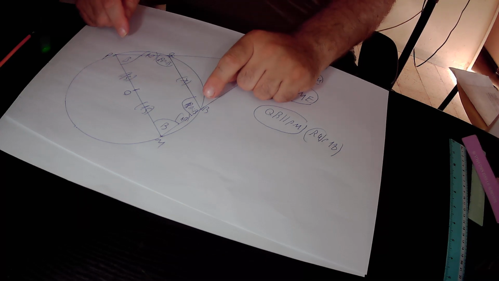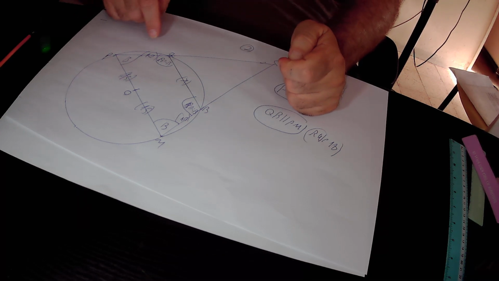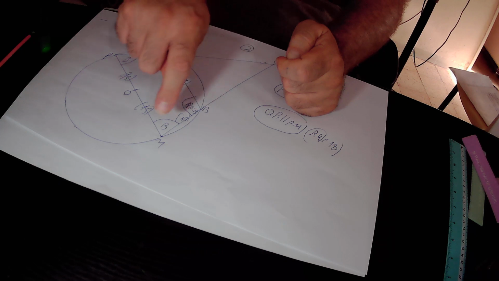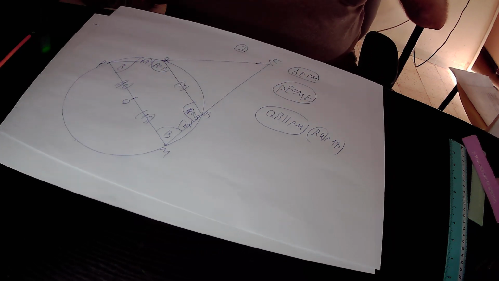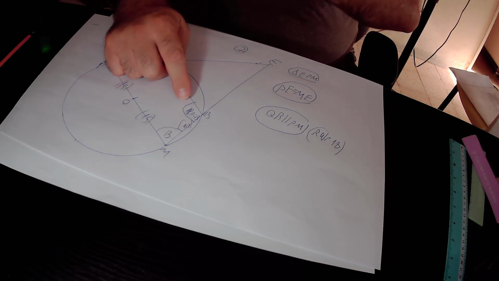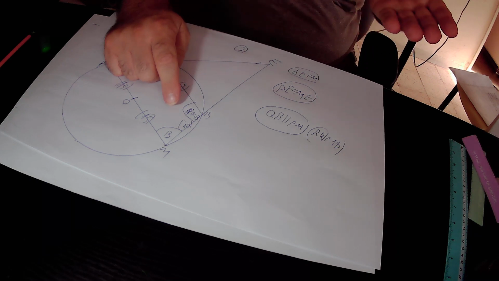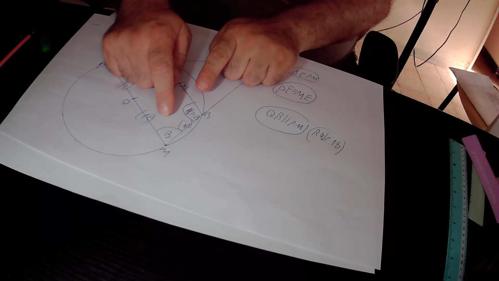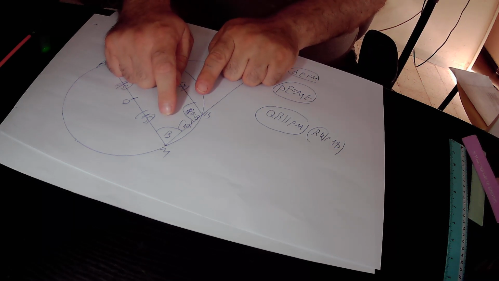So we found that this is angle beta and this angle is 180 degrees minus beta. So we have here two one-sided interangles, and the sum of those two one-sided interangles is equal to 180 degrees.